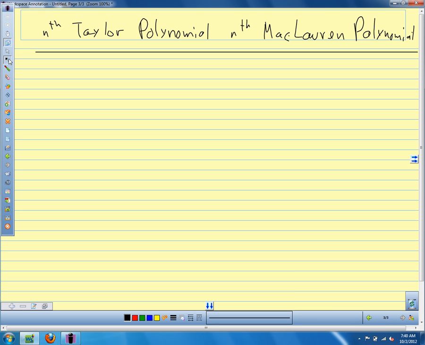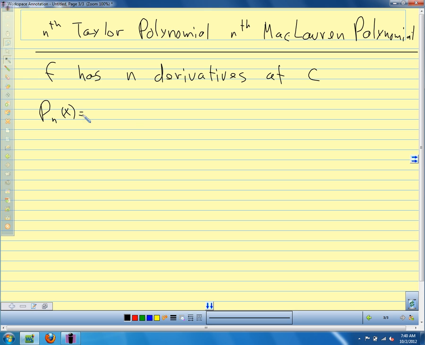So we're going to use that process to make our definition. We're going to say that f has n derivatives at some point c. P sub n of x equals f of c plus f prime of c times x minus c plus, and we're just writing our coefficients now in terms of our derivatives.